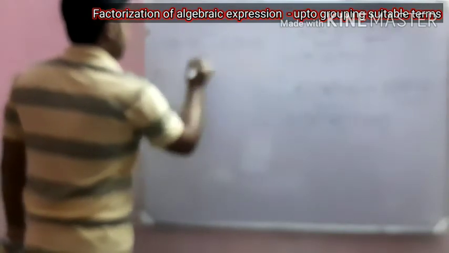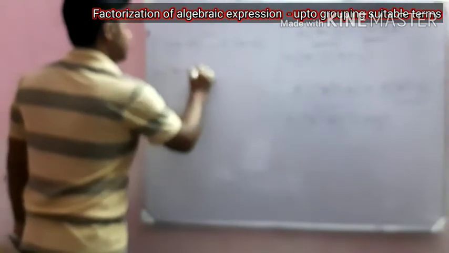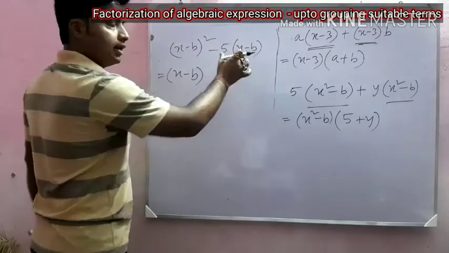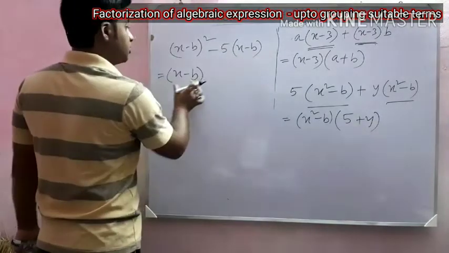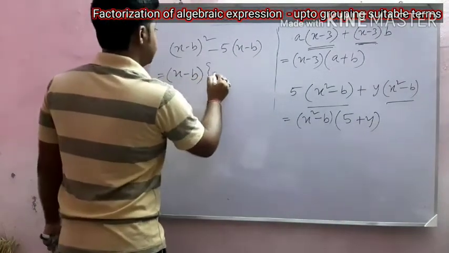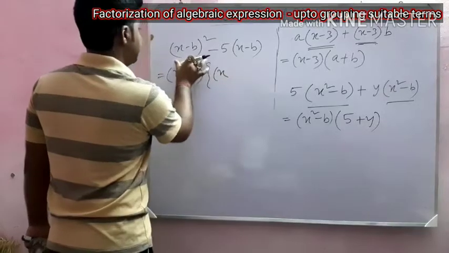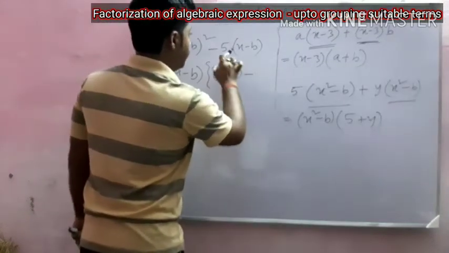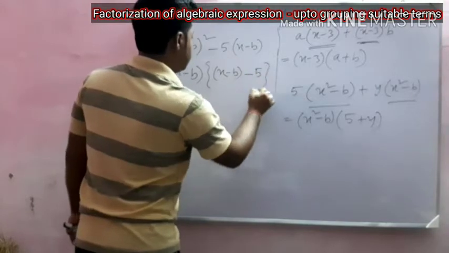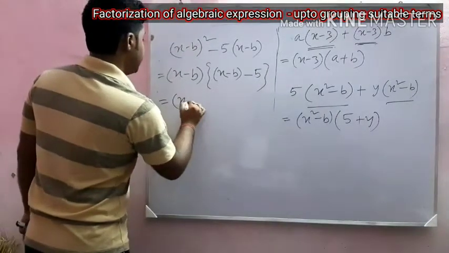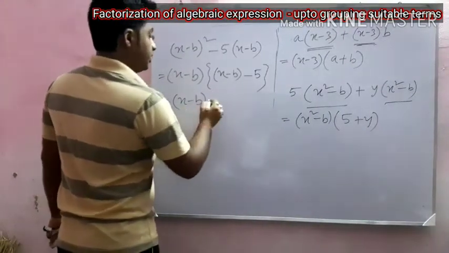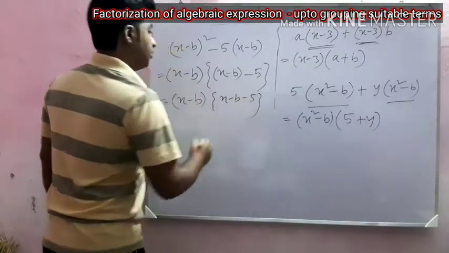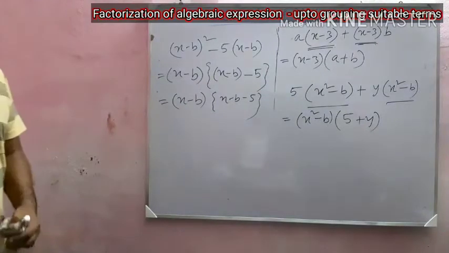This is actually 1 x minus b here, so I can take a maximum of 1 x minus b as common, and the other part in this term is x minus b, and then the remaining part here is 5. So the result of the factorization is x minus b into x minus b minus 5. Okay.